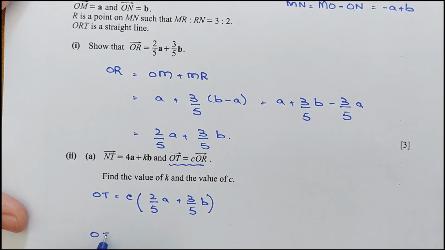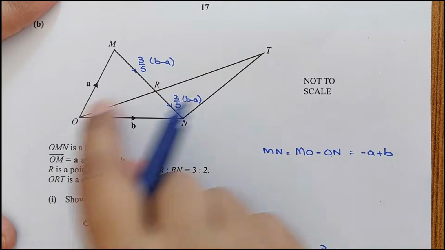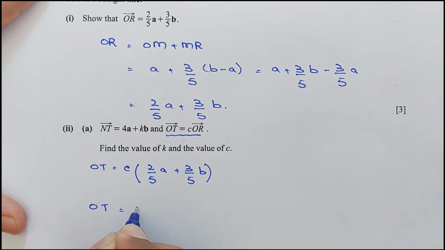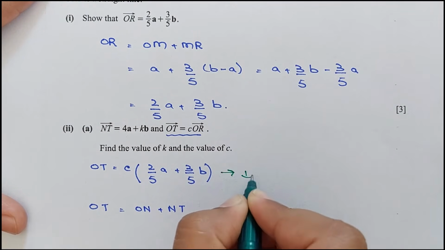And another path of OT, let me show you. O to T is C times of OR and O to T is ON and NT. This is equals to ON plus NT. And ON we have is B, and NT we have given, which is 4A plus KB. Okay, now we have two values for OT, the first and the second.